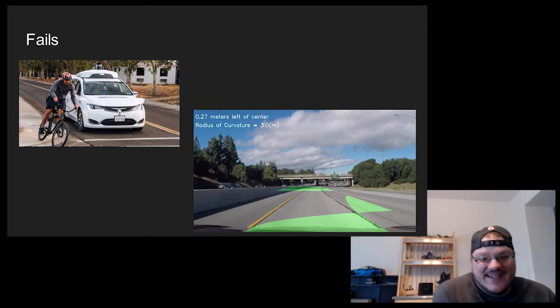There's another one where it didn't see the construction concrete barrier for some reason, and it slammed right into it. And it's like, why didn't you use your front-facing radar to override any machine learning to stop the car? So there's still a myriad of problems to be solved.